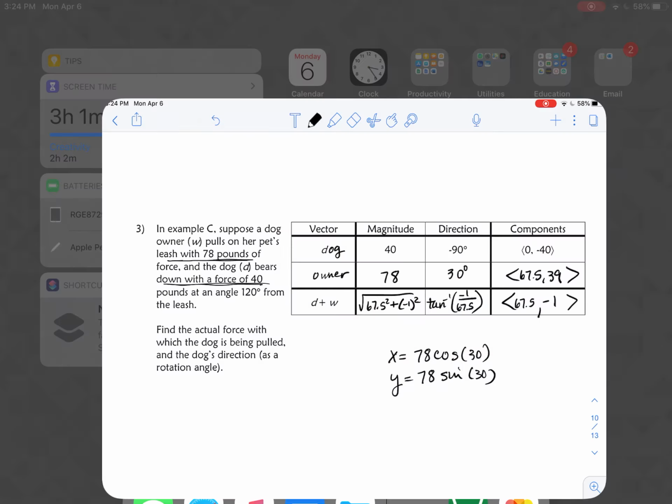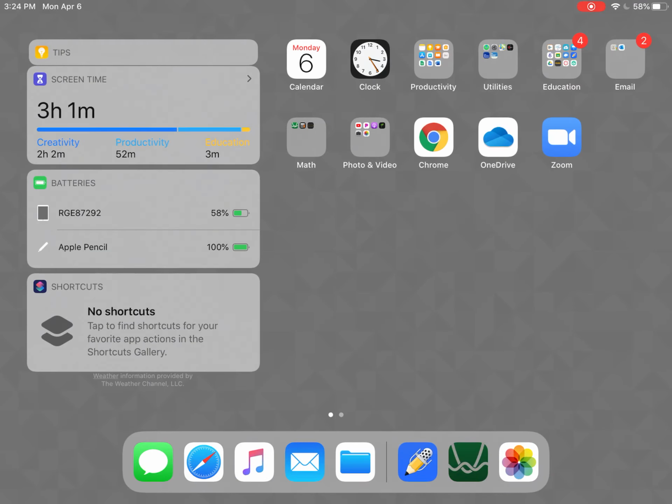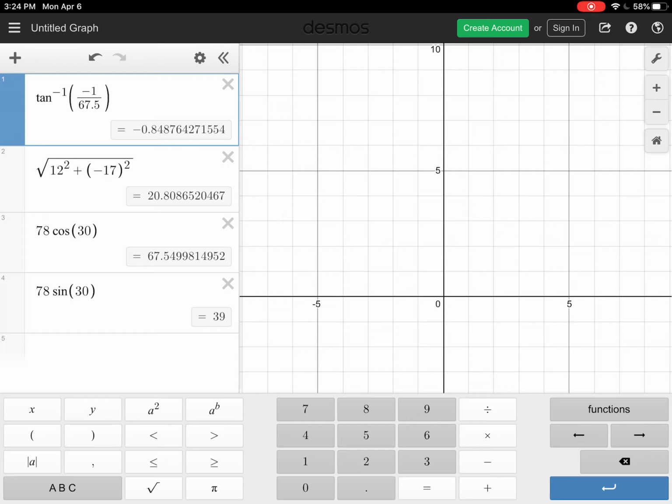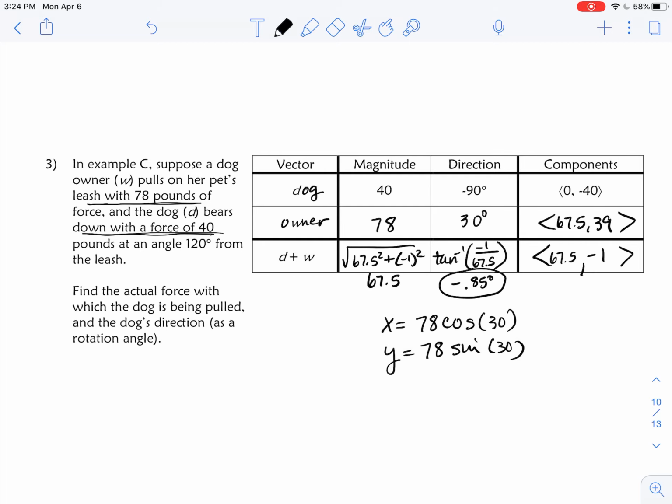Okay, so yeah, look at that very small angle, negative 0.85 degrees. That angle, negative 0.85 degrees, is less than 1 degree below the x-axis. And then let's find the magnitude of that vector. And this is, see if I can just edit this one, 67.5 and negative 1 squared. And that magnitude is 67.5.